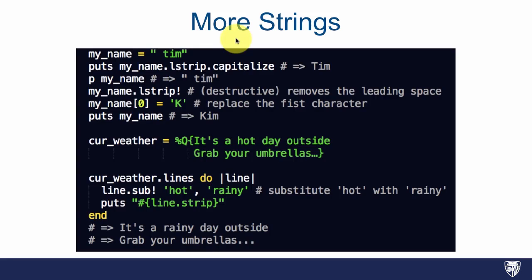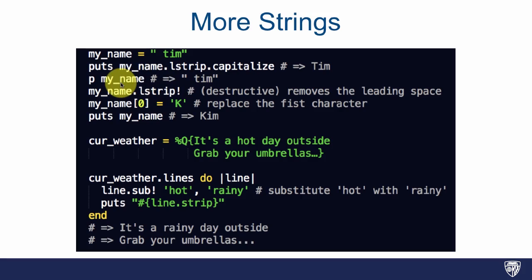So let's take a look at some examples of using string methods. You have my name variable, which is, for example, a space and the word Tim. Now you could lstrip, which basically means left strip, and capitalize, which converts it to Tim without the space in front of it.